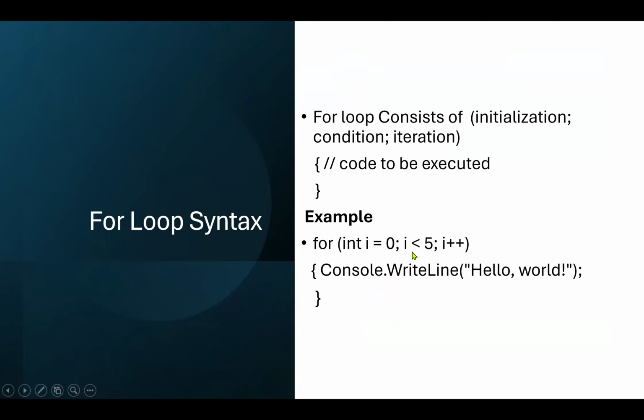That's the condition. And then i++, that's the variable plus plus. That will show you the number of times you want it to iterate. It adds +1, +1, +1. And then in the curly braces, you have the code you want it to run. For example, this code is Console.WriteLine, and what you want it to print is hello world.